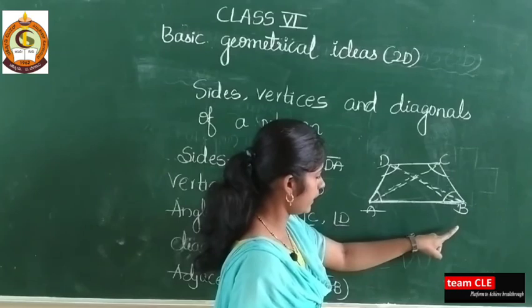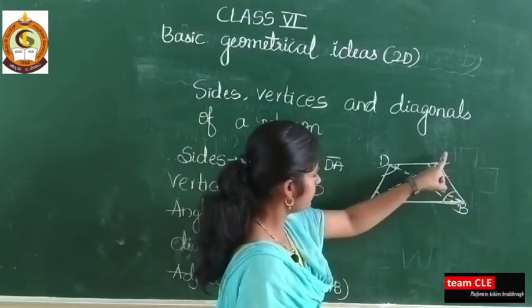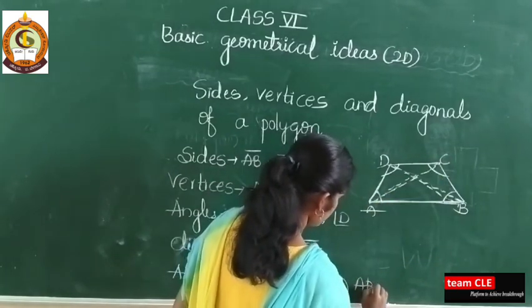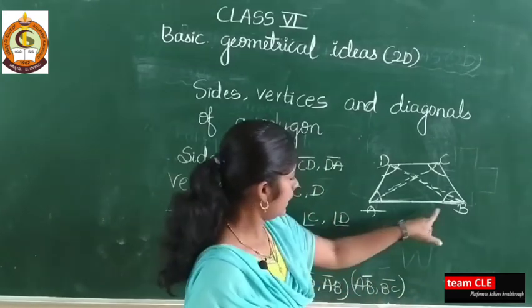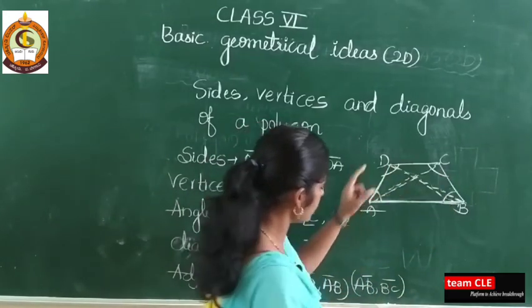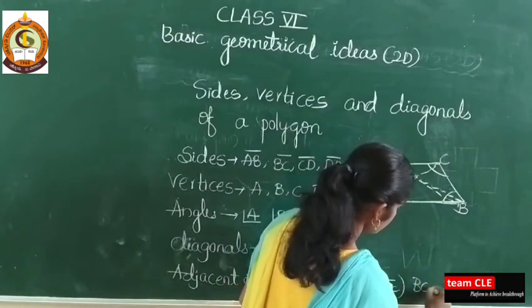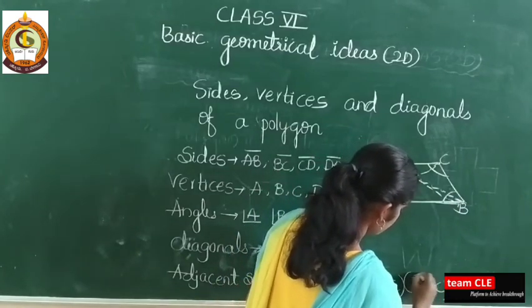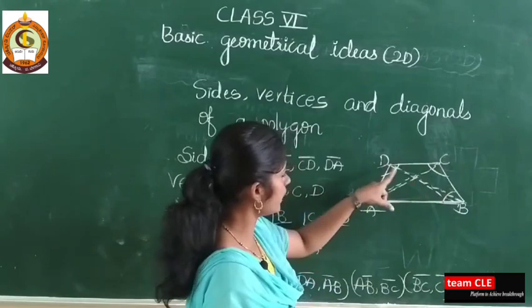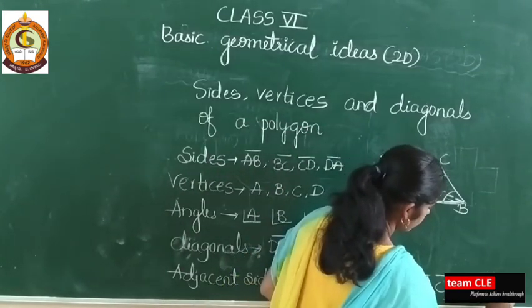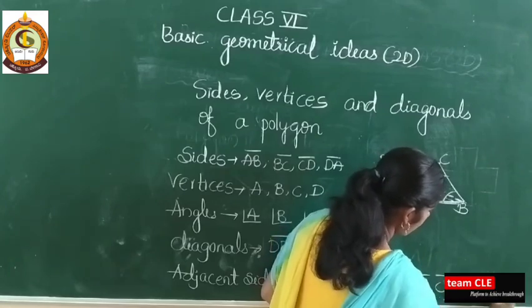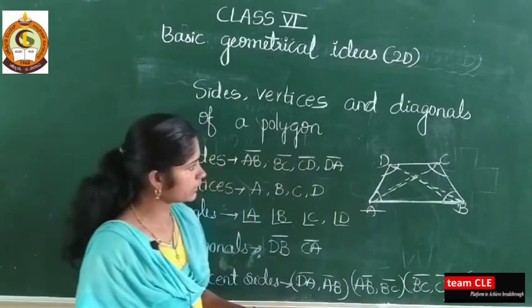Next AB, BC. Next BC, CD. Next CD, DA. So these are the adjacent sides of the given figure.